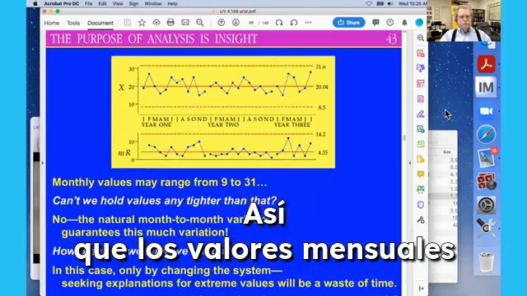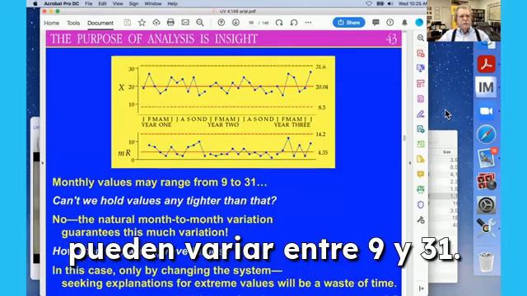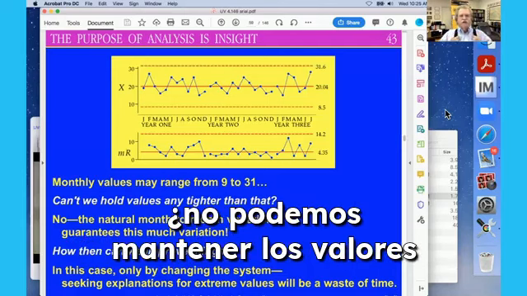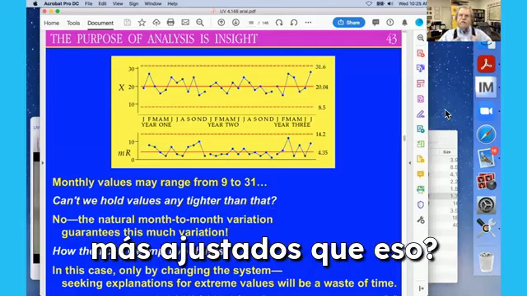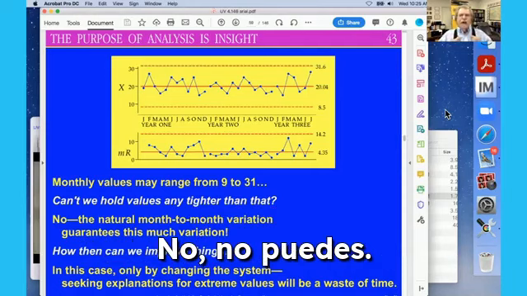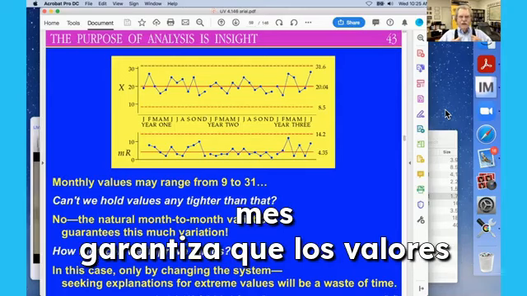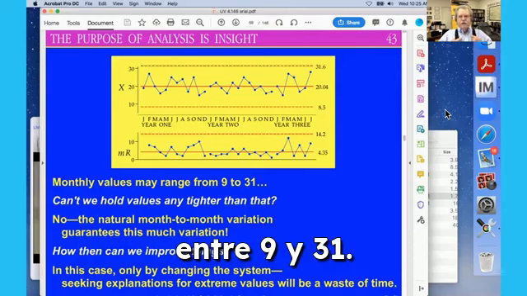So the monthly values may range anywhere from 9 to 31. And the next question is, can't we hold the values any tighter than that? No, you can't. The natural month-to-month variation guarantees that the monthly values can bounce around from 9 to 31.